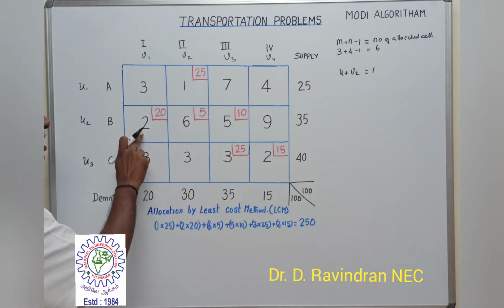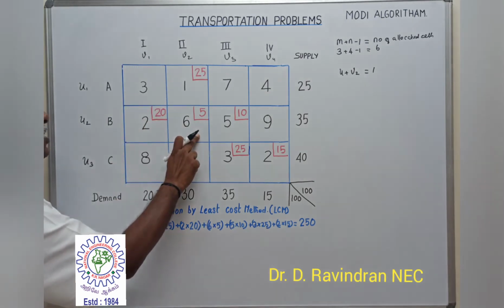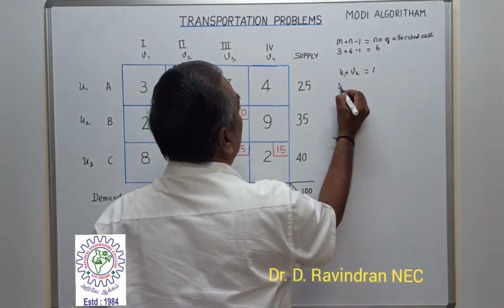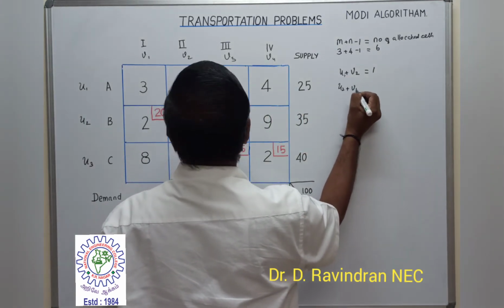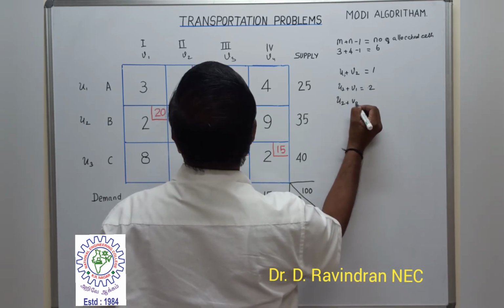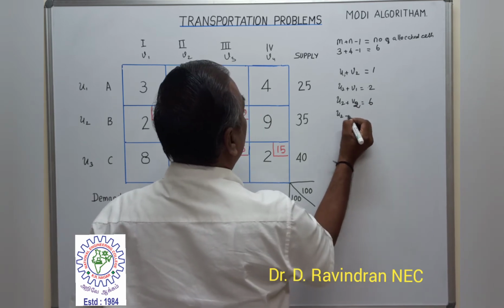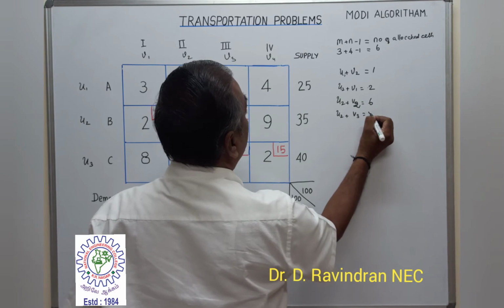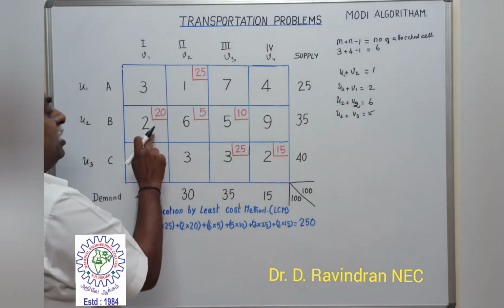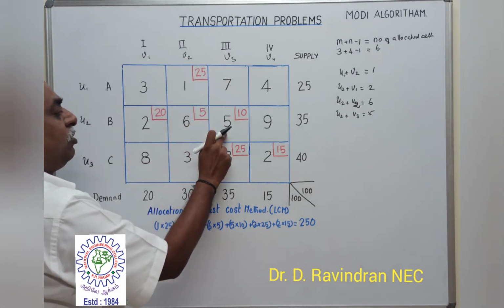Similarly, we can come to this u2 plus v1, and this is u2 plus v2, and this one is u2 plus v3. That means u2 plus v1 equal to 2, u2 plus v2 equal to 6, u2 plus v3 equal to 5.